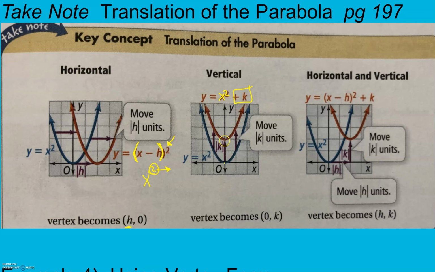So if we go up, it's positive. Down is where we go if it's negative. And if all we have is a plus value at the end, our k value becomes a part of our vertex, so 0, k. We also can have both, so x minus h squared plus k. Again, the h on the inside is my left and right, and the k after the fact is our up and down. So here my vertex becomes h, k, and we've already talked about that a little bit.